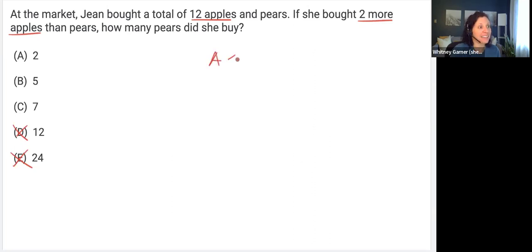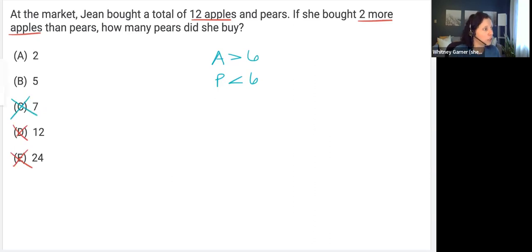If I only bought 2 things, apples and pears, pears have to be less than half. Apples would be greater than half, and pears would have to be less than half. So there goes yet another answer choice I could get rid of.